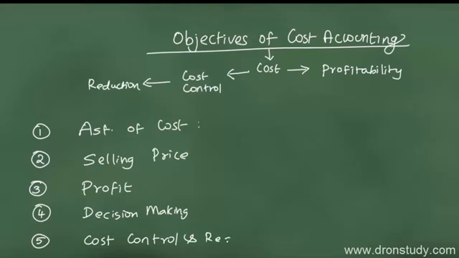Cost control and reduction, this is one of the major objectives of cost accounting, because in this way they directly contribute to the profitability of the business. So in the long run, higher profits can be achieved only through cost control and cost reduction, and cost accounting will ensure profit by providing support for cost control and reduction decisions.